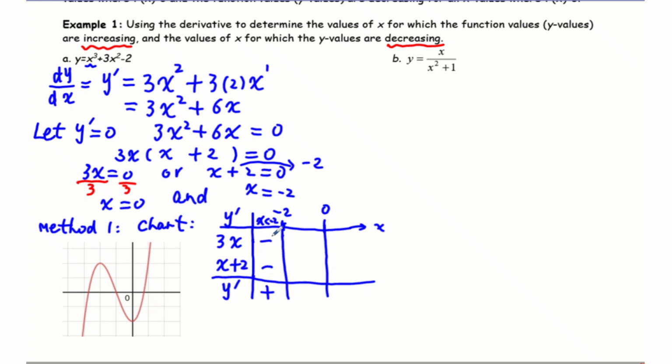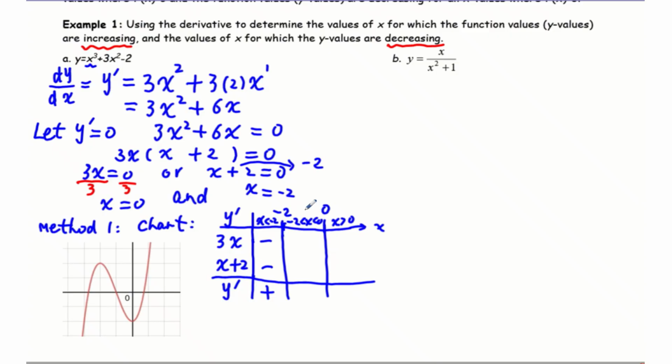By doing it this way, we divided the x-axis into 3 intervals: less than negative 2, between negative 2 and 0, and x greater than 0. We decide for each interval whether the factors are positive or negative, then determine whether y prime is positive or negative.